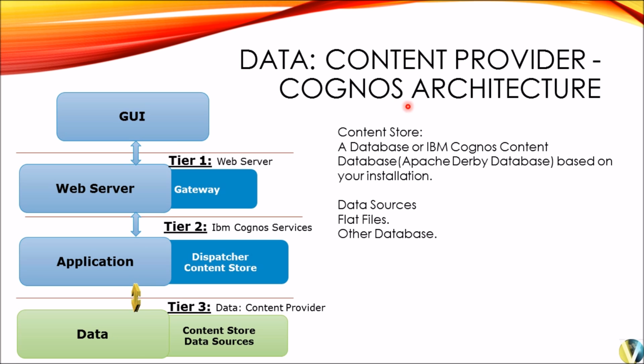All this is available in your database tier. Now your content store, the IBM Cognos content database, is based on your SQL Server installation. For more about SQL Server installation, you have to refer to my other video.